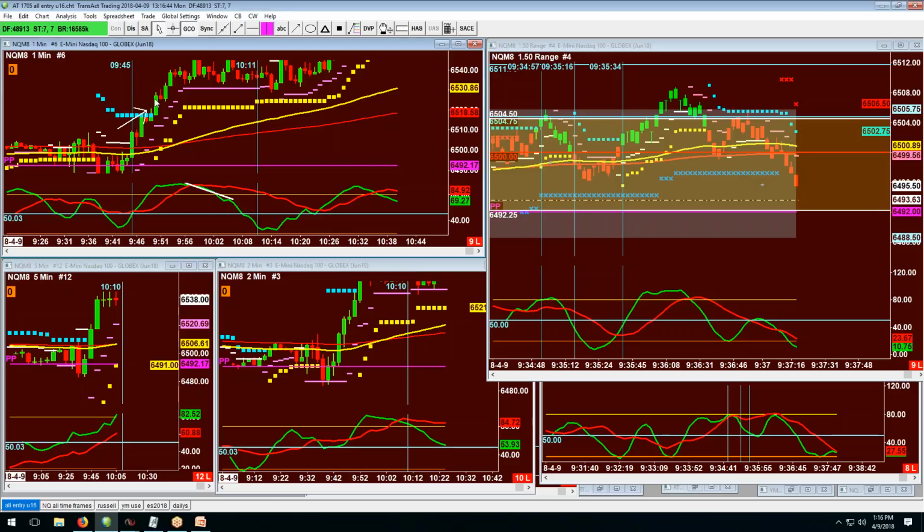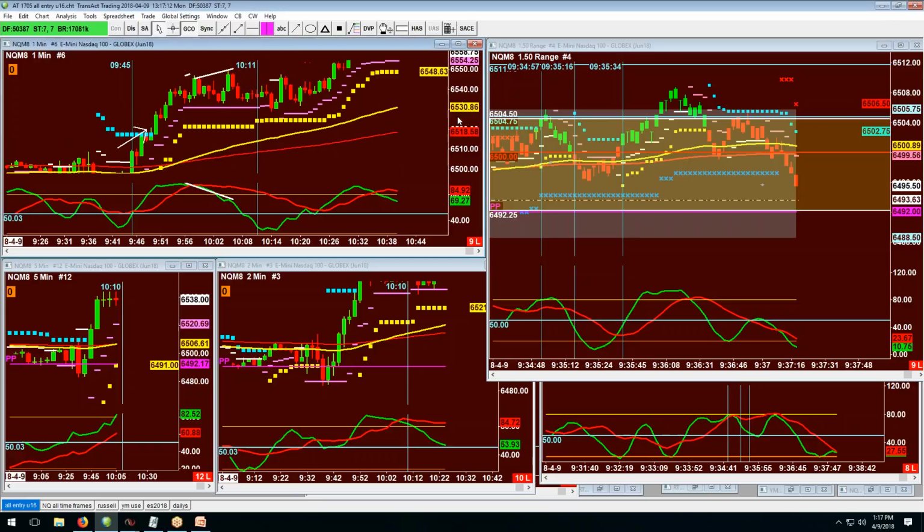At the time, we had the high of the day right above our head. I was not convinced that I was going to be able to get through there. So what was going through my head was, okay, if we do bust through the high of the day, then I'll just look for a pullback and find a way in. Obviously, it worked out in a big way, and after the fact, I wish I was in there, but I wasn't.